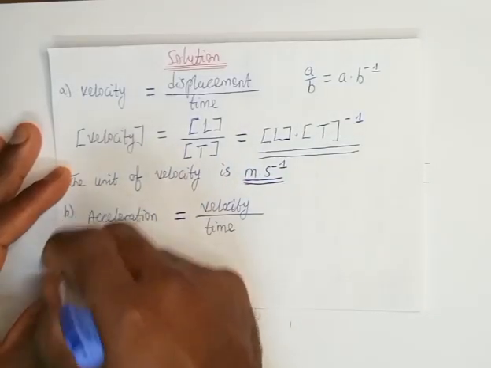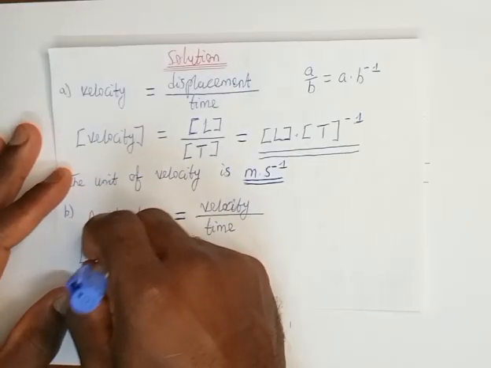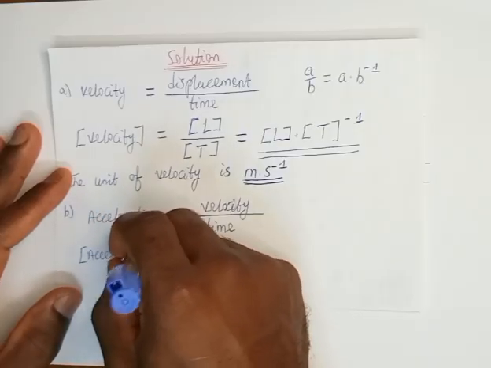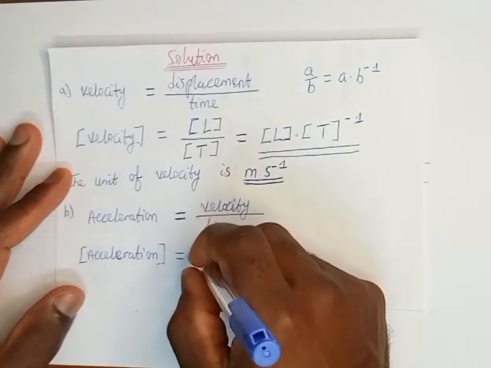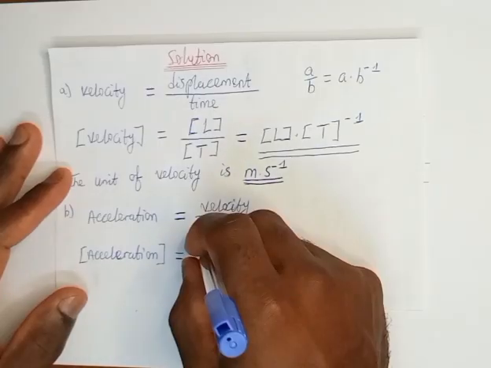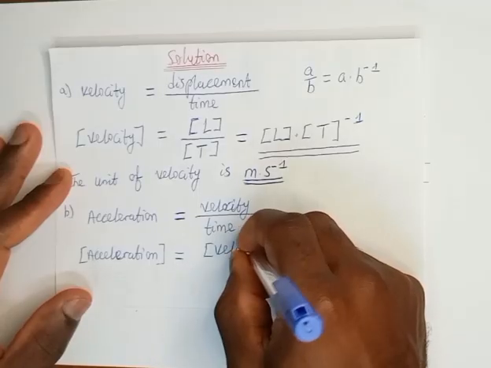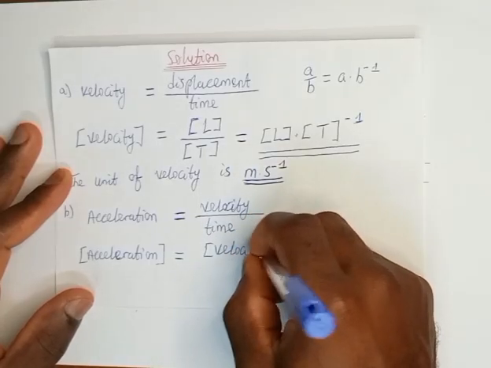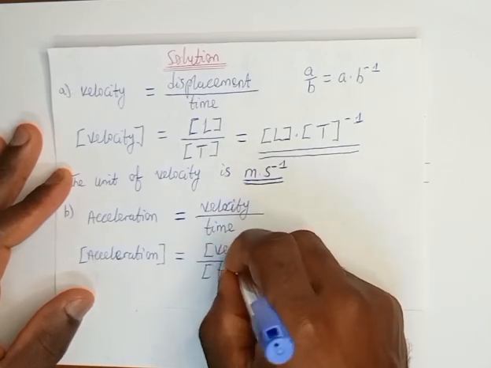It simply means the dimension for acceleration will simply be equal to the dimension of velocity divided by the dimension of time.